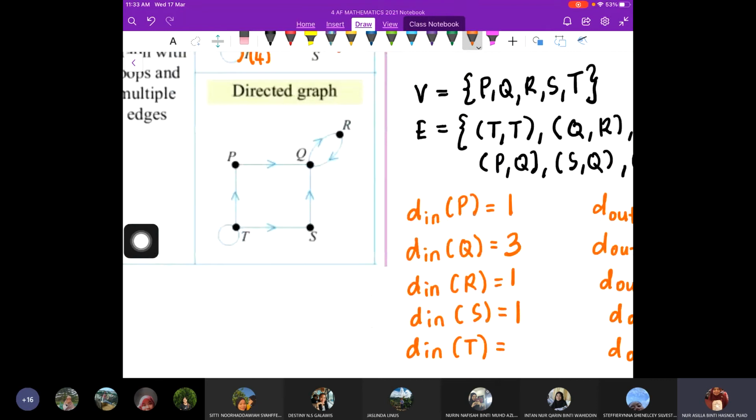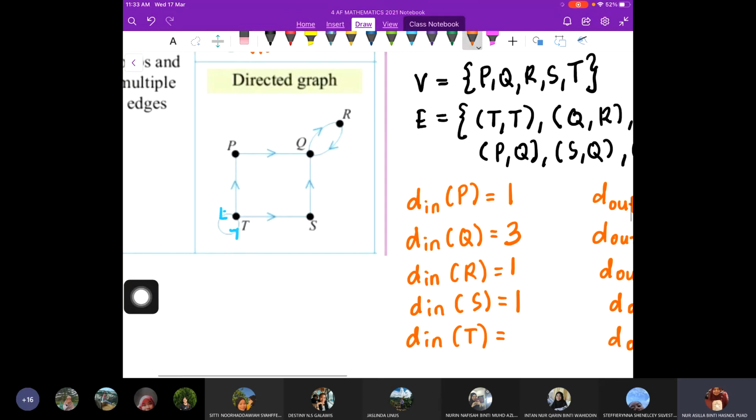Okay. You have to remember that a loop is clockwise and anti-clockwise. They go both directions. So when it is written as a loop, it won't have an arrow, but you have to know that it goes out and also comes in. So in will be here, out here, but here it is in.